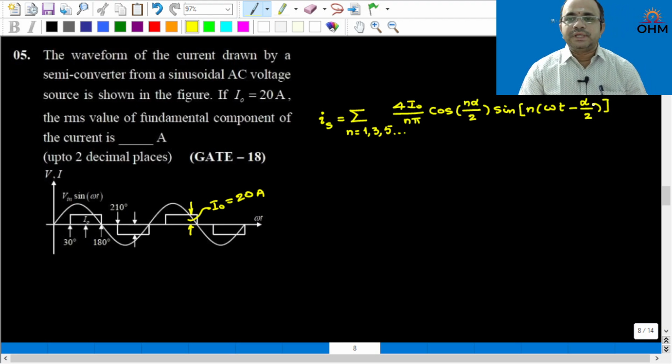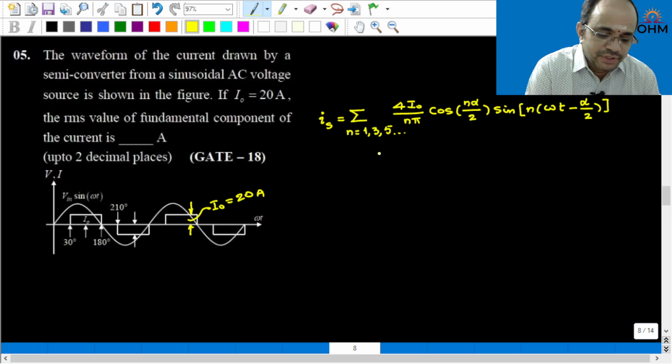Okay, so this is the Fourier series equation for a quasi-square function. Generally I derive this equation in the regular classes of GATE power electronics lectures. Now what is the question here? RMS value of the fundamental component.